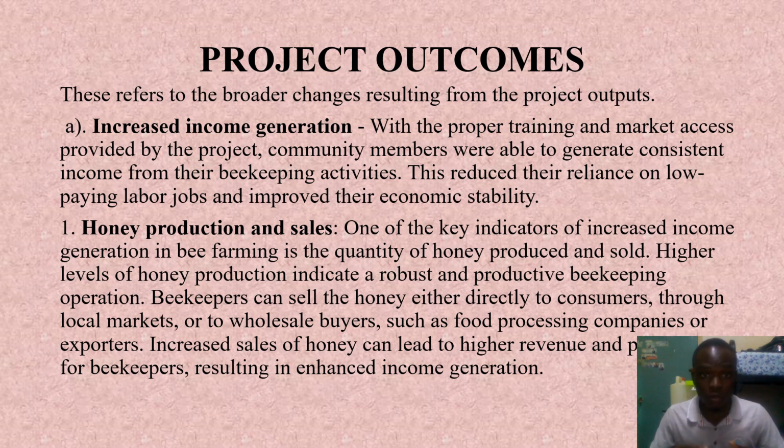Therefore, we are trying to say that if there are higher incomes generated out of the product, we greatly see that the project is progressing. Under this increased income generation, we have the first indicator as honey production and sales.